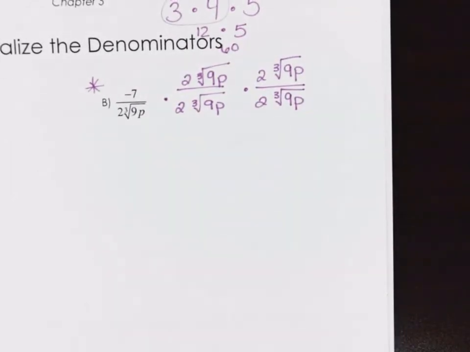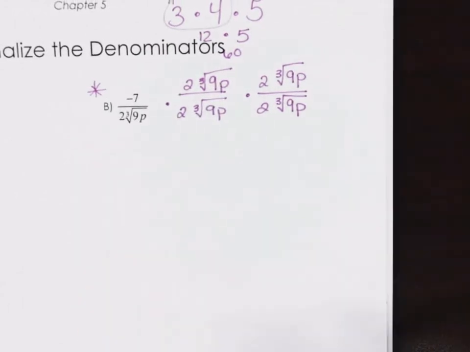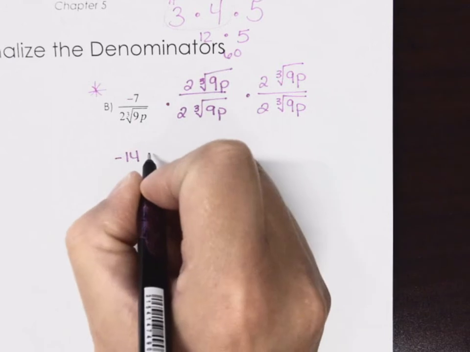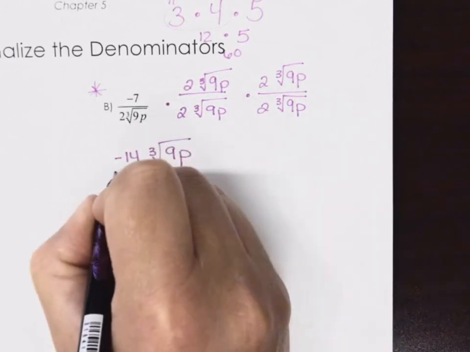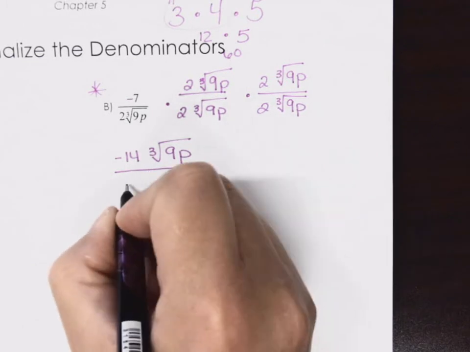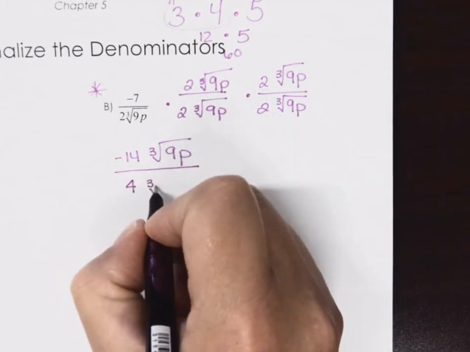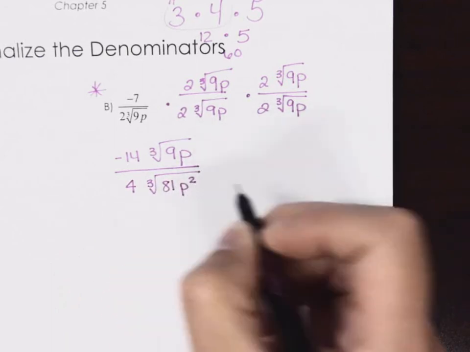Okay, so let's multiply our first two together. So negative 7 times 2 cube root 9p over 4 cube root 81p squared.